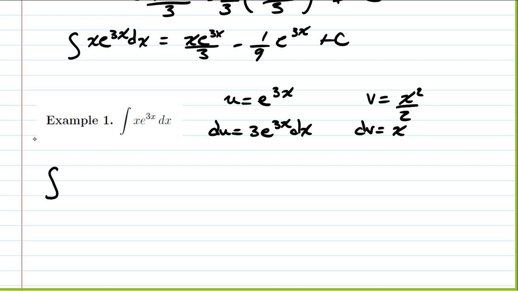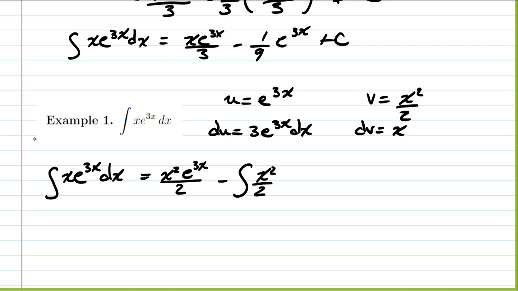So if I plug into the integration by parts formula, I get u times v, so x squared over 2 times e to the 3x minus the integral of v du. So I'm going to get x squared over 2 times 3e to the 3x dx.